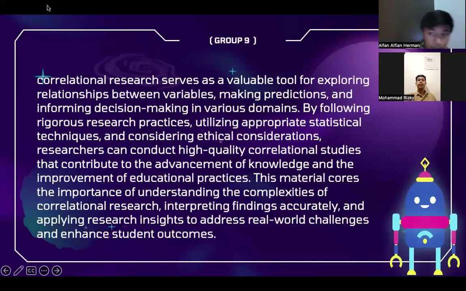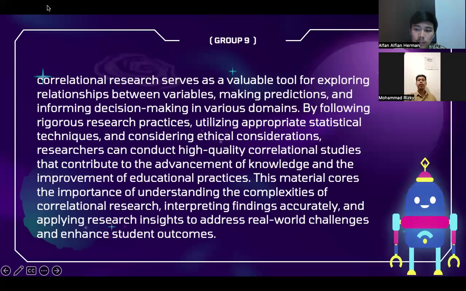Correlational research serves as a valuable tool for exploring relationships between variables, making predictions, and informing decision-making in various domains. By following rigorous research practices, utilizing appropriate statistical techniques, and considering ethical considerations, researchers can conduct high-quality correlational studies that contribute to the advancement of knowledge and the improvement of educational practice.